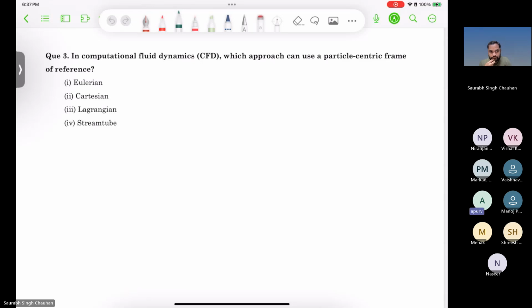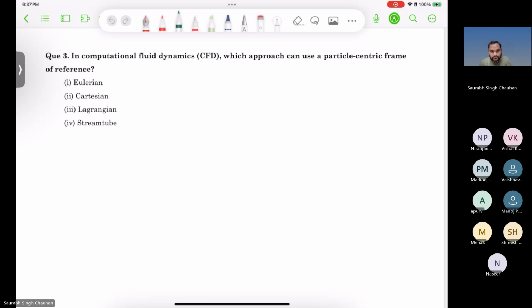Eulerian is the control volume approach, and Lagrangian traces individual particles. Yes, exactly. So Lagrangian is basically the particle or control mass based approach, right? So you are tracking individual particles, right?